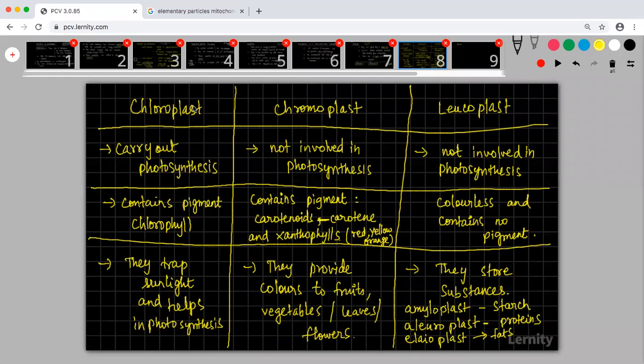This plastid is green in color and it will be containing chlorophyll. Chromoplast is something which is red or yellow or orange in color. They will contain pigments which are called carotenoids. Leucoplast is a colorless plastid. It will contain no pigment. Are we clear?